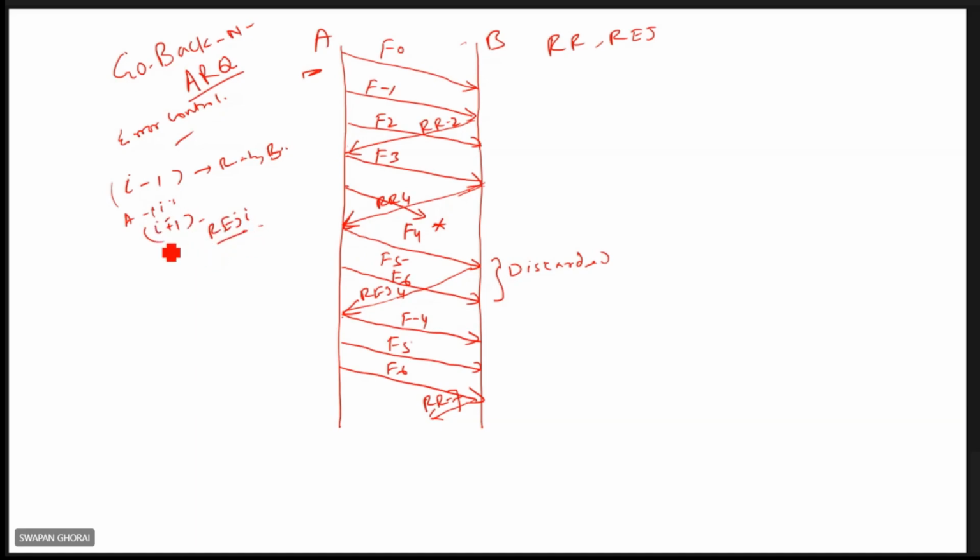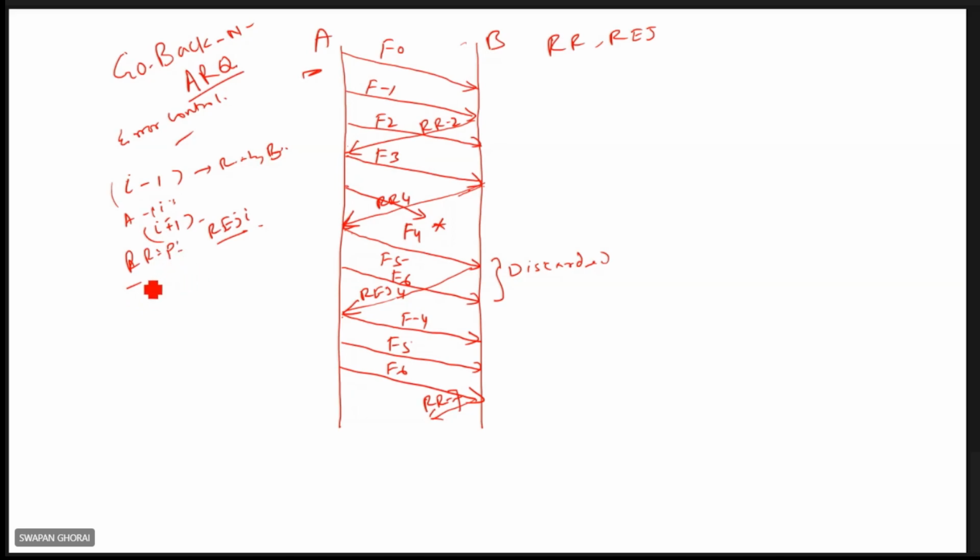Another action: say A does not send additional frames and B is also not responding. Then after a certain time, when the timer expires, A will send RR with P bit equal to 1.